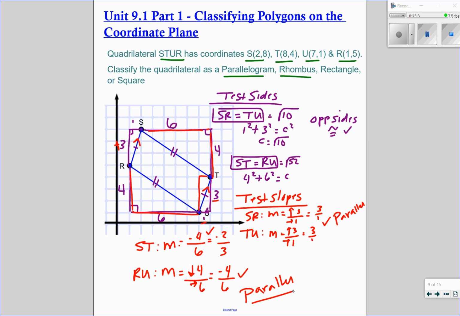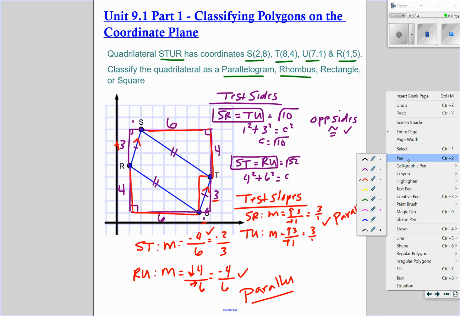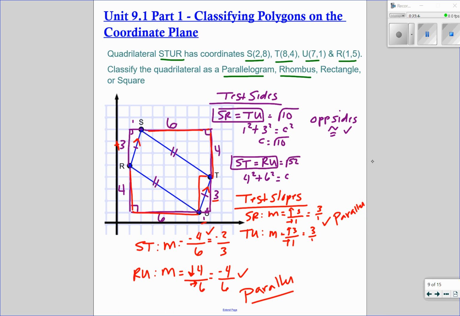So for my final classification, I look at the slopes of my adjacent sides. Let's say side TU is adjacent to side RU. We know that 3 over 1 and negative 4 over 6 are not opposite reciprocals.